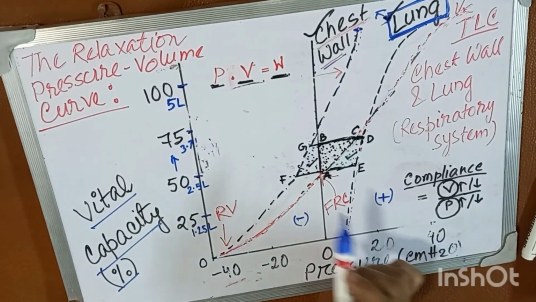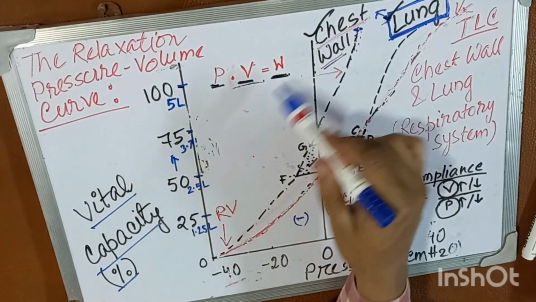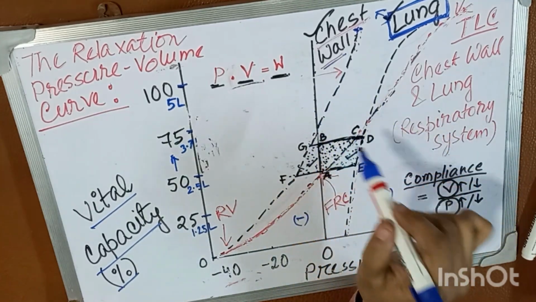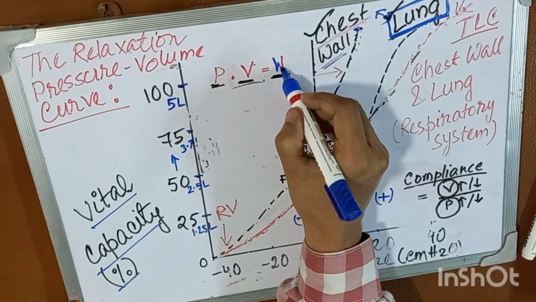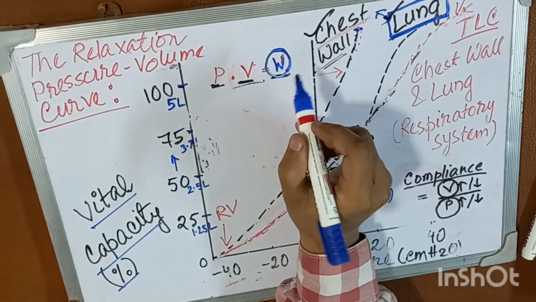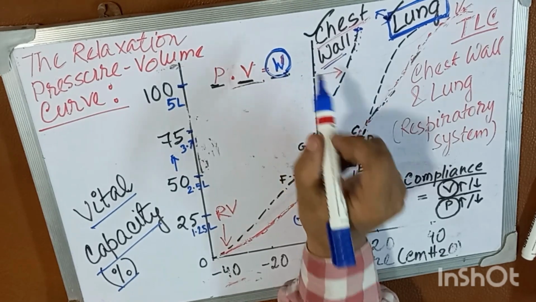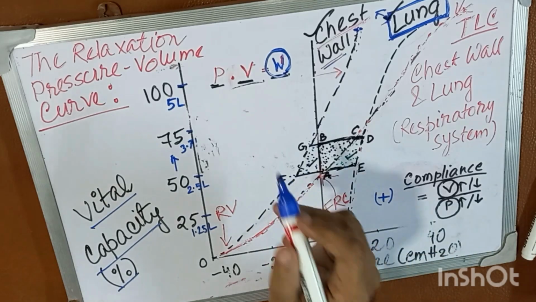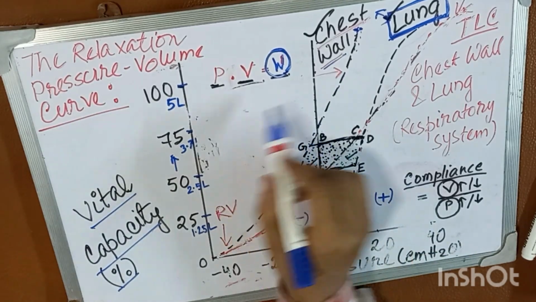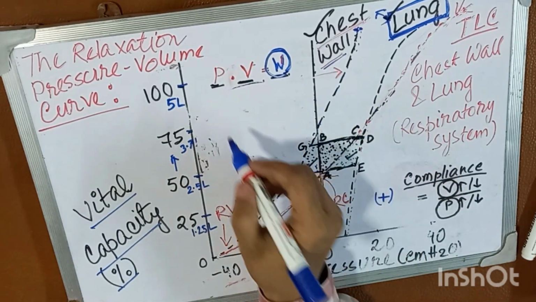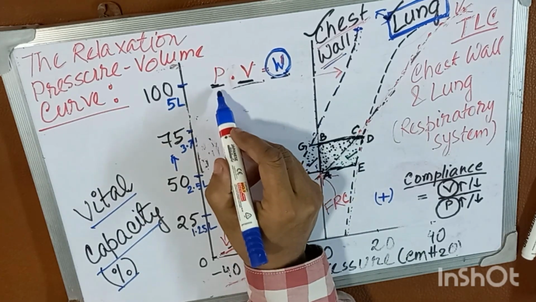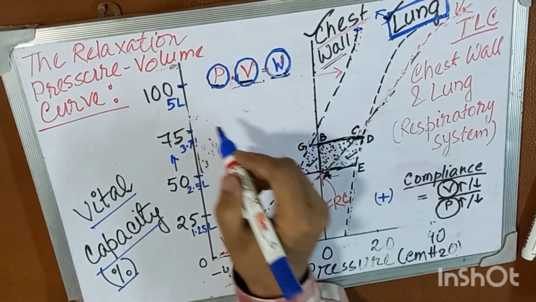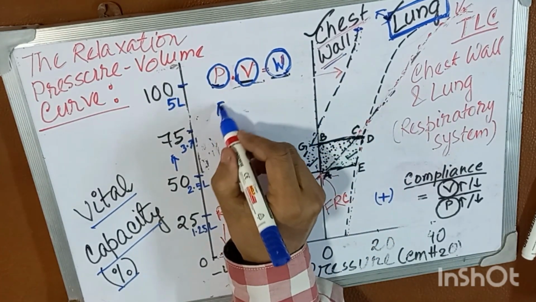I will explain why any area in the pressure volume curve represents the work done by the lung, and why it can be calculated from the pressure volume area, because any area here is actually a multiplication of pressure into volume. We know what pressure is: pressure is force per unit area.